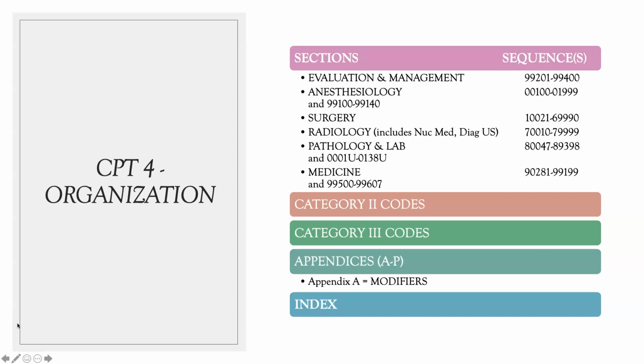So, sections that you're going to run into. The first one is evaluation and management codes, E&M codes. They're the sequence of 99201 through 99400. As you look over here, do you see something interesting? What you see is that these are 5-digit codes, right?